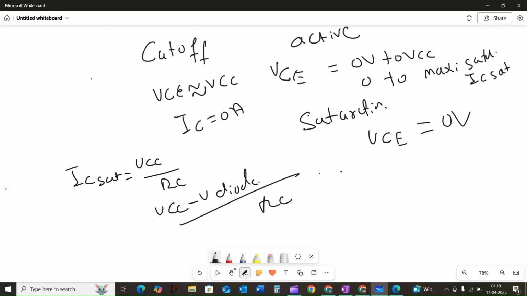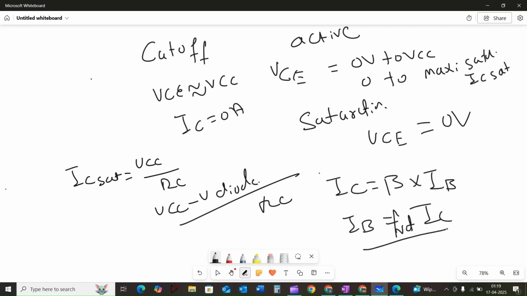In active region, the collector current IC is equal to beta times IB, the base current. In saturation, increasing the base current IB will not significantly increase collector current IC. It is already at maximum state.